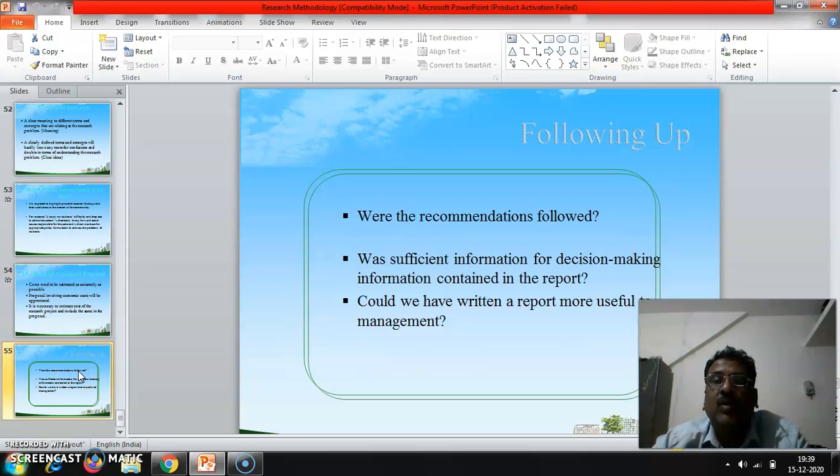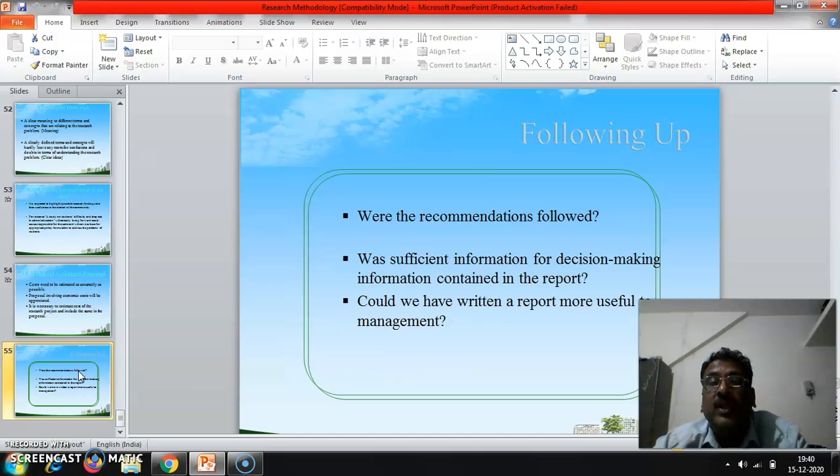Next, following up: were the recommendations followed? Was sufficient information for decision making contained in the report? Could we have written a report more useful to the management? So these questions should be asked in the form of feedback or following up.